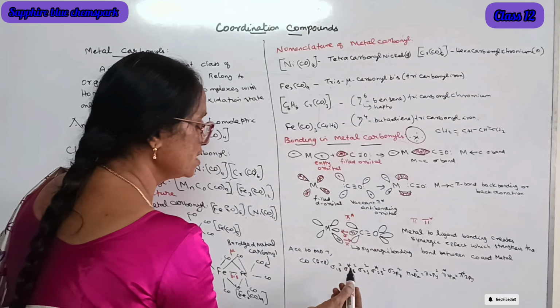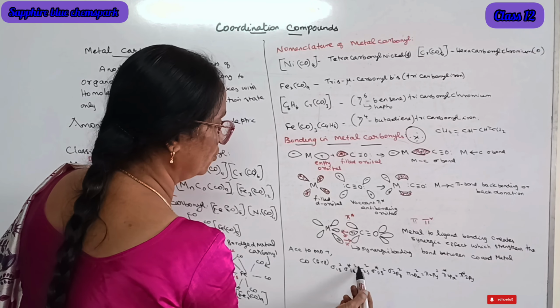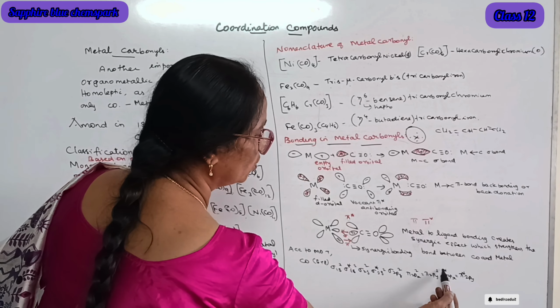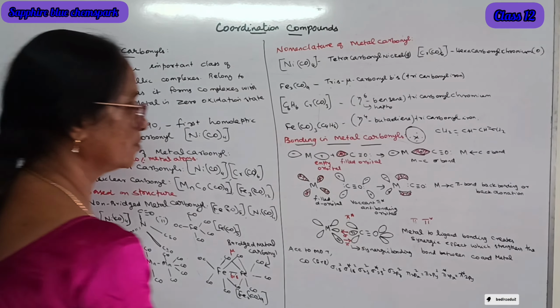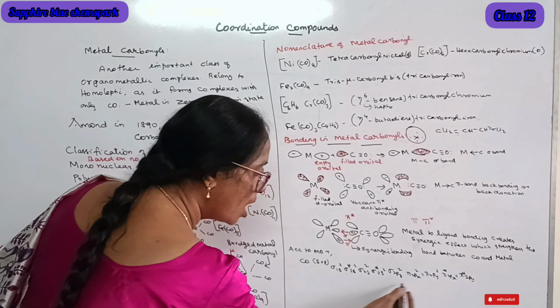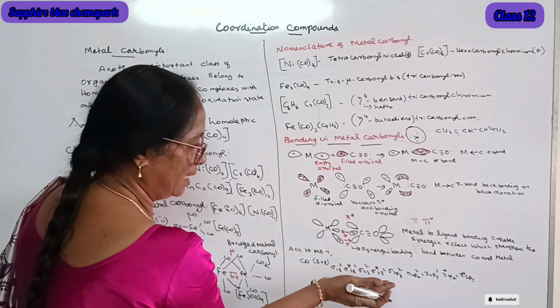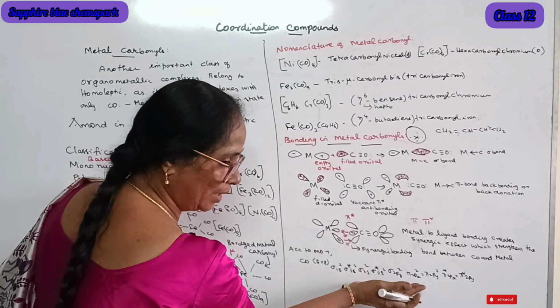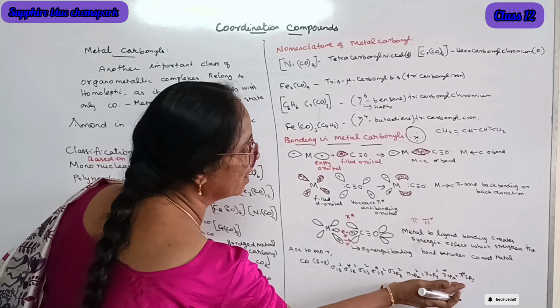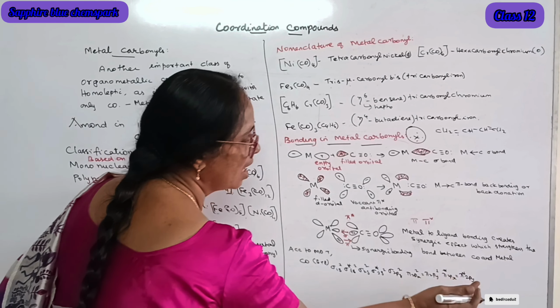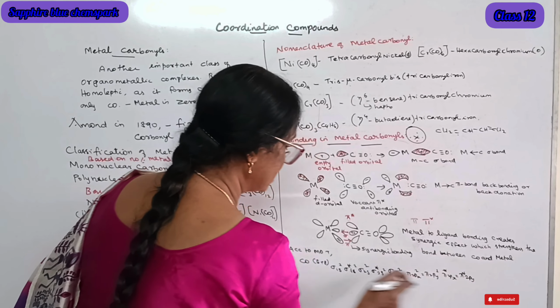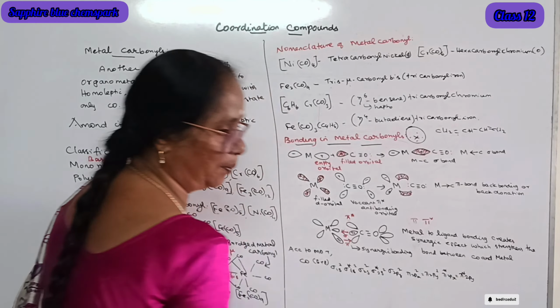So the total is 4, 8, 12, 12 plus 2, 14. Here the filled orbitals are the s orbitals, the pz orbital, and the px, py orbitals. But the anti-bonding orbitals of carbon monoxide are empty.